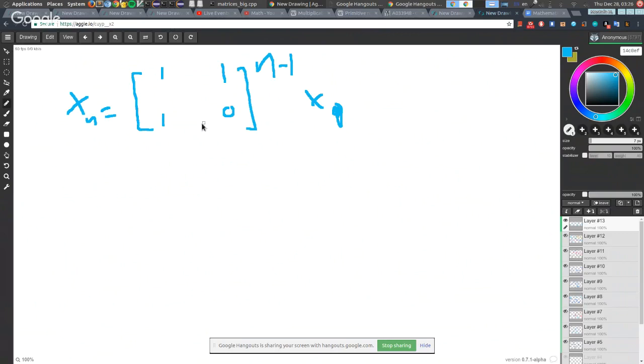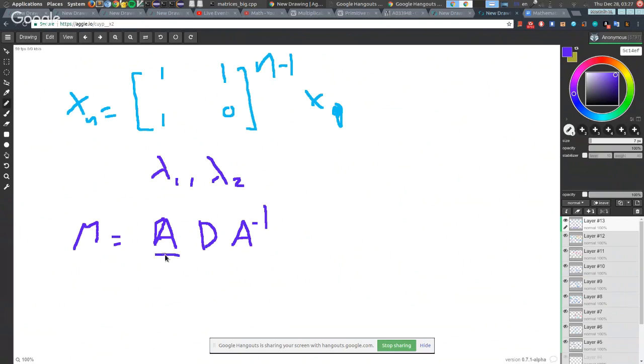So here, if we get the eigenvalues of this matrix, lambda 1, lambda 2, then we can rearrange this matrix M as some matrix A times the diagonal matrix D times A inverse, where A is a constant matrix and D is a diagonal matrix whose values are the eigenvalues.